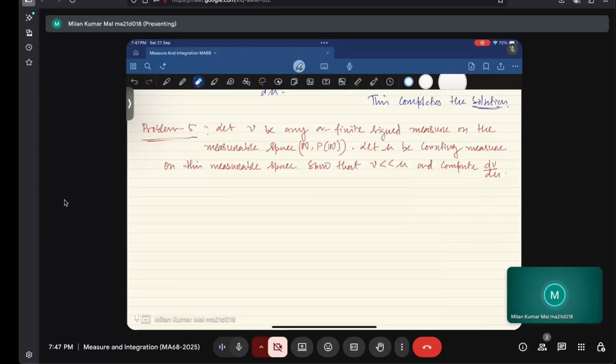So we have to find the Radon-Nikodym derivative.